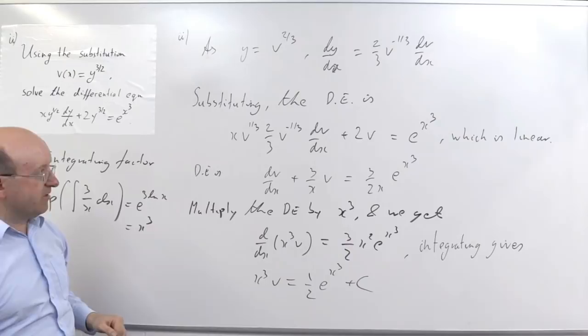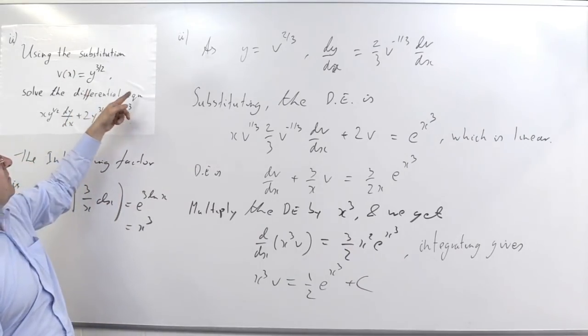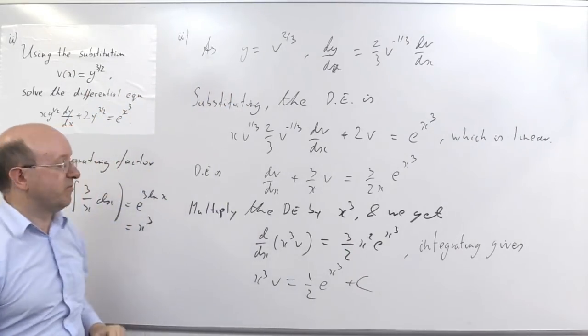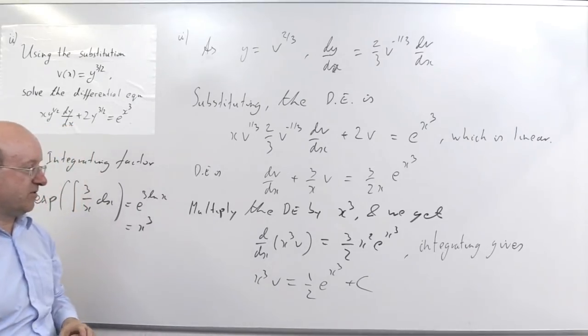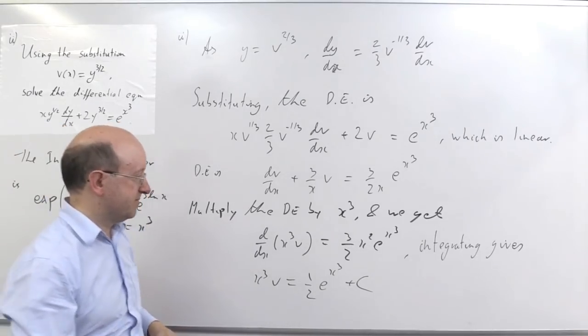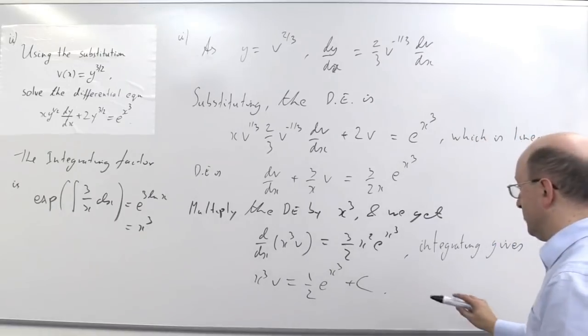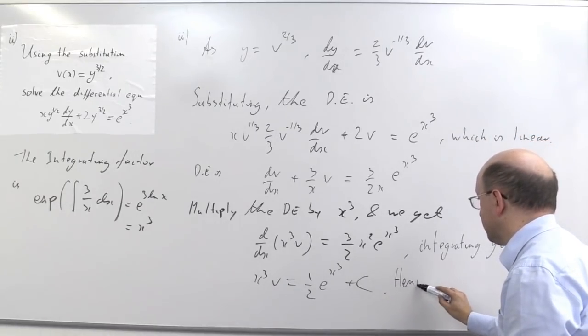Right. Well, the only thing to be done is to substitute back in for y, divide through by x cubed, of course, and then write down the solution.